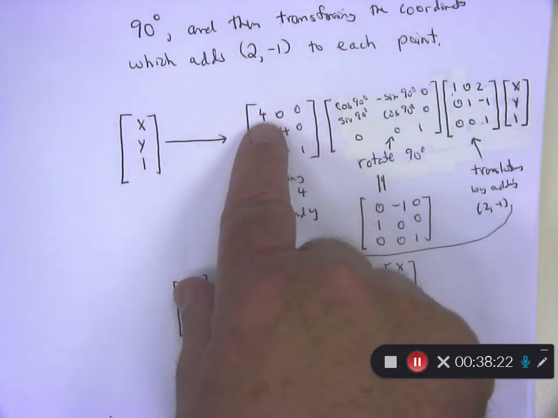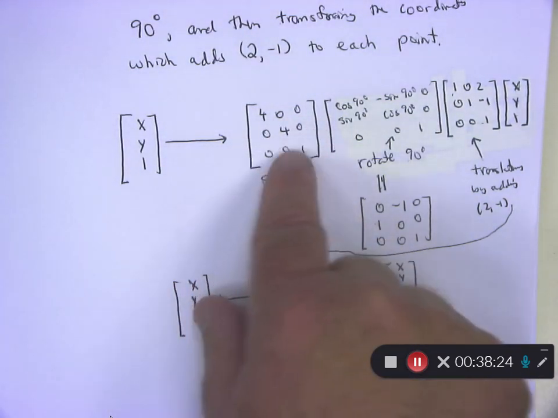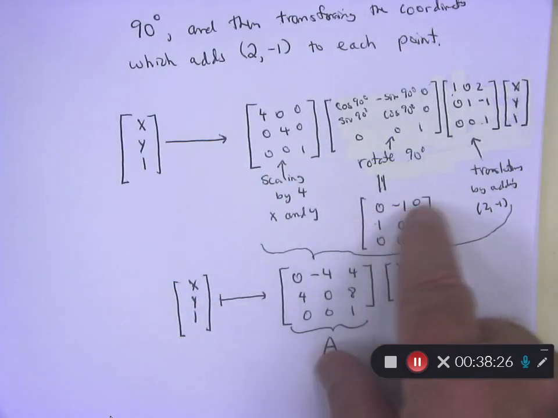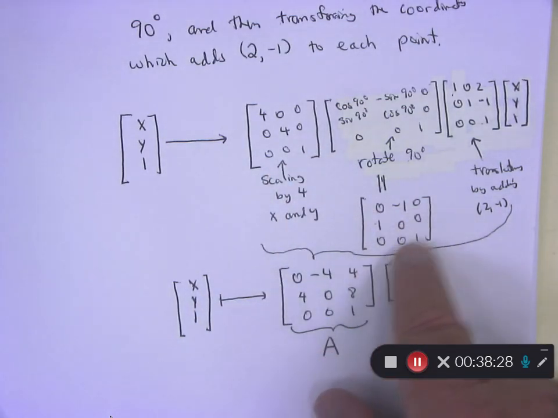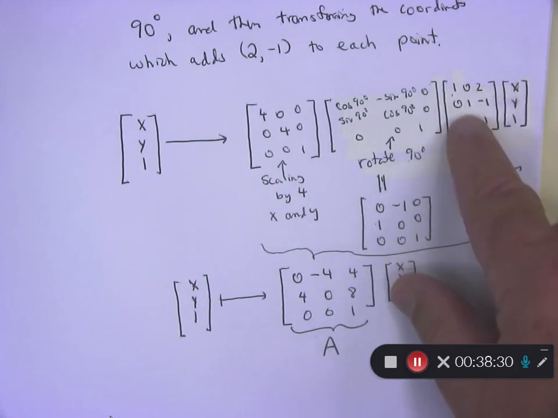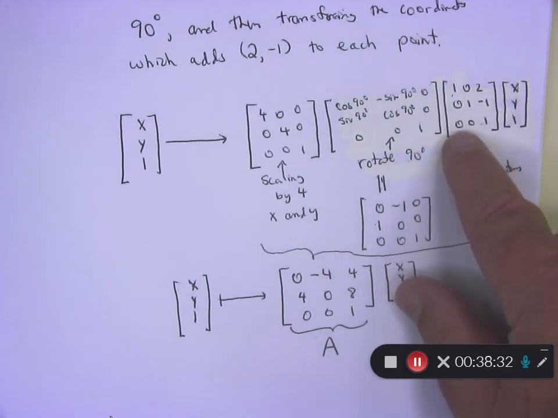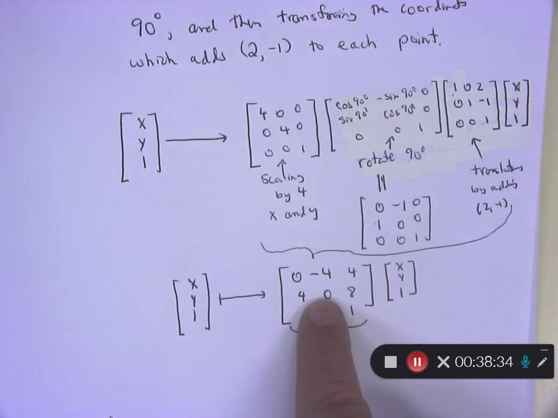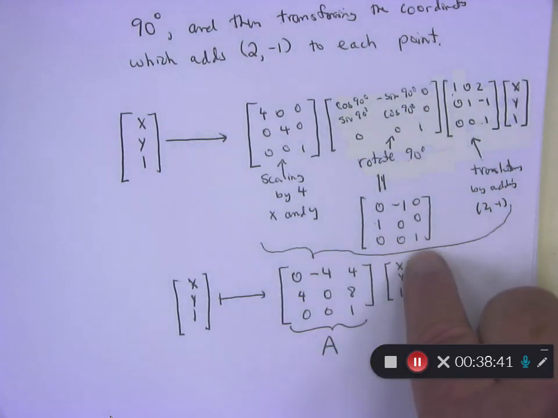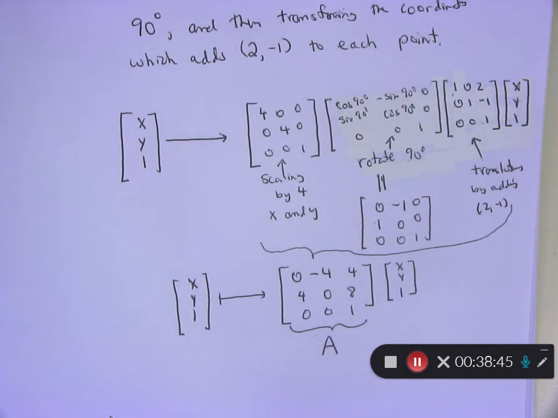If you take the matrix 4, 0, 0, 0, 4, 0, 0, 0, 1, times 0, negative 1, 0, 1, 0, 0, 0, 0, 1, times 1, 0, 2, 0, 1, negative 1, 0, 0, 1, you're going to get this matrix here: 0, negative 4, 4, 4, 0, 8, 0, 0, 1. And then you multiply that times X, Y, 1, and that's going to give you your coordinates.